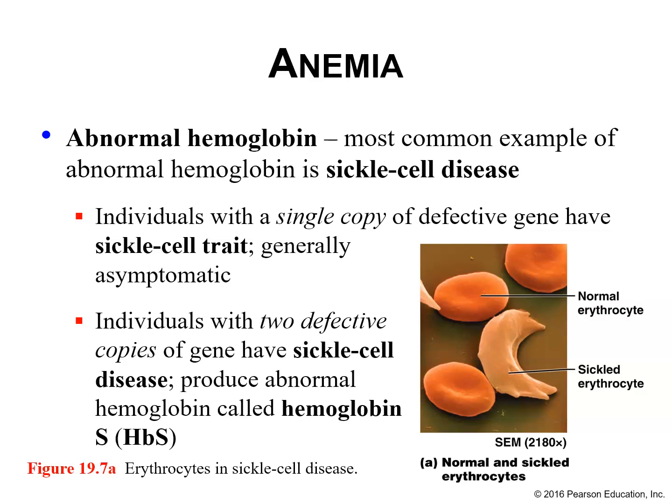And generally these patients are simply asymptomatic because the red cells will generally not sickle in areas of oxygen demand. But individuals with two defective copies of the gene, having sickle cell disease, will produce an abnormal hemoglobin called hemoglobin S. And they will exhibit traits of sickle cell disease.